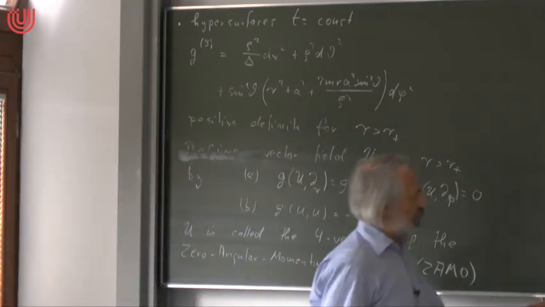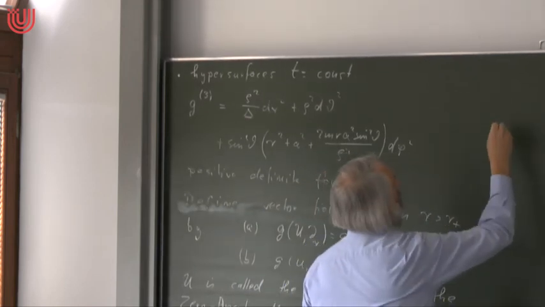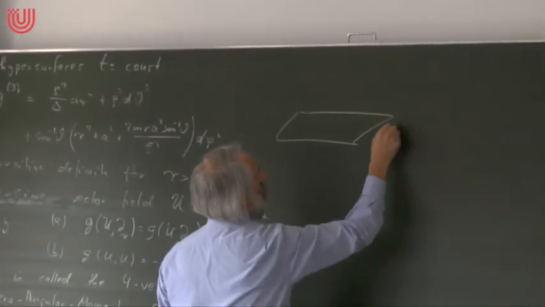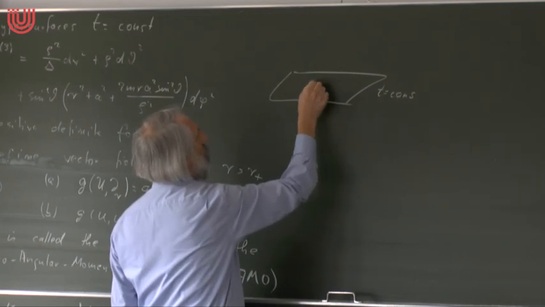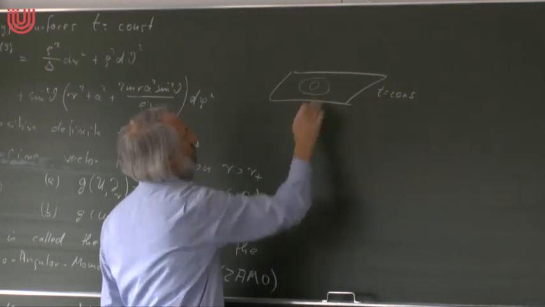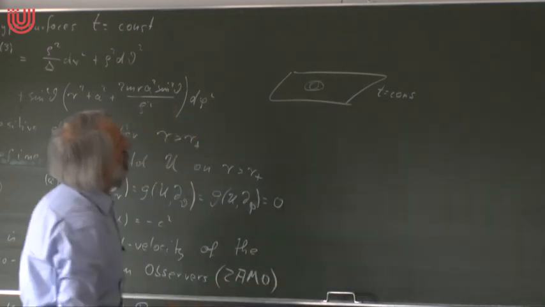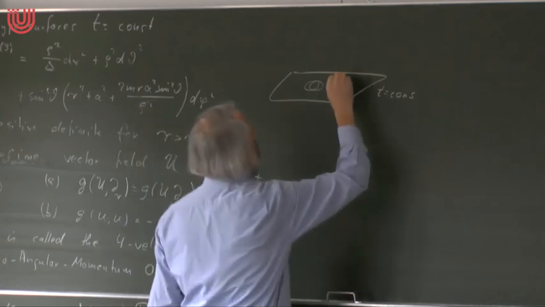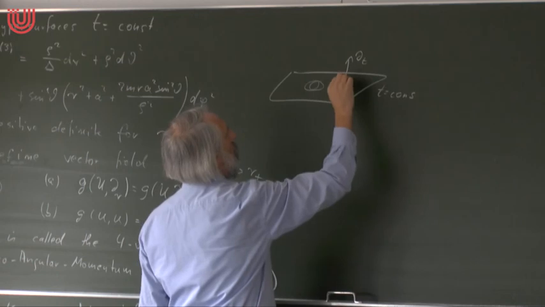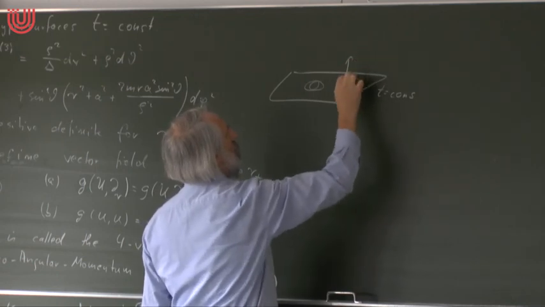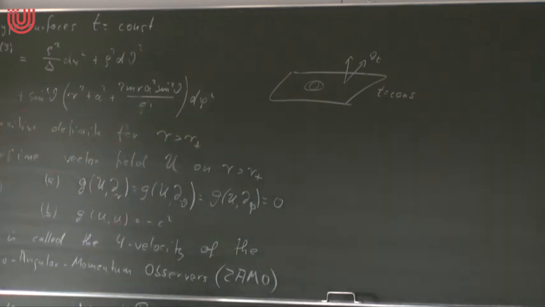So there are at least two distinguished time-like vector fields. If I have my surface t equal constant here, and I have here the horizon, and here's the ergo region, then I have d by dt, and I should maybe draw it in this way because it's not perpendicular, to indicate this.